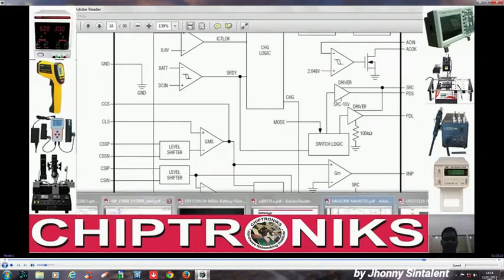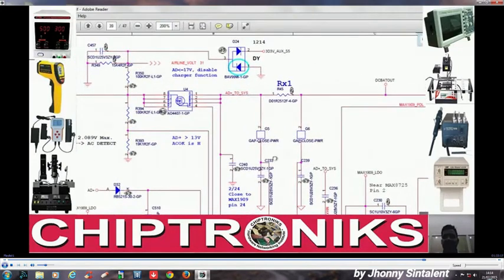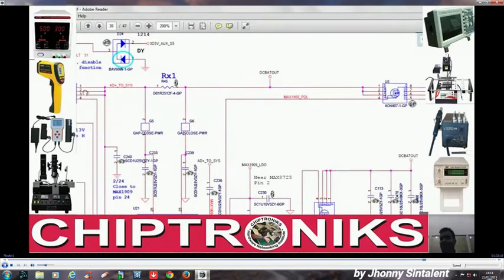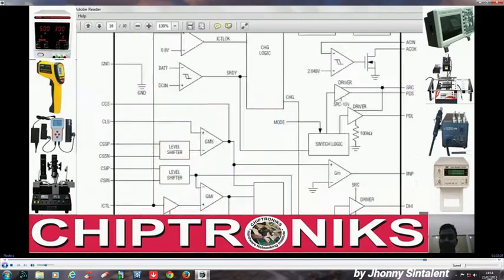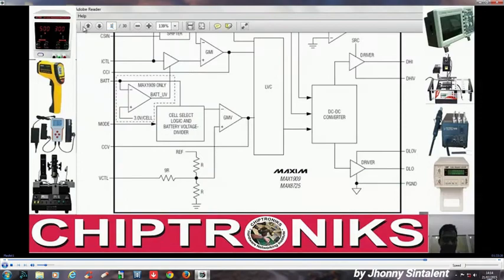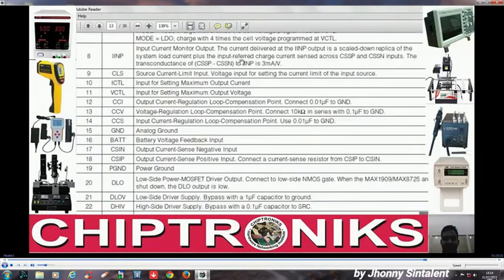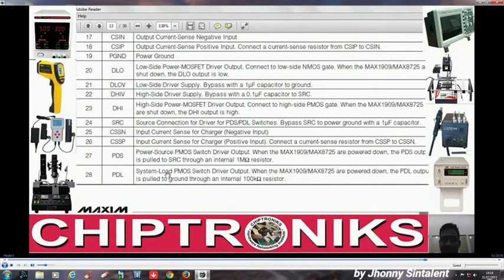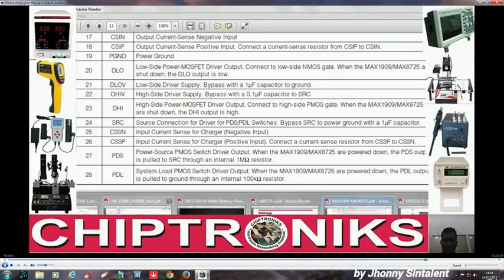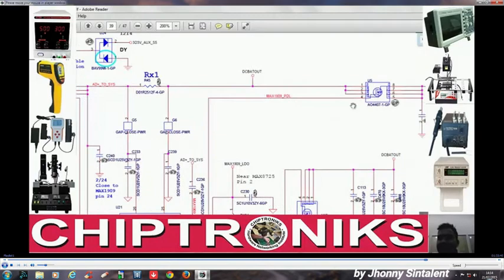So if adapter is not present, you can see in the schematic once again what is written. The PDL output is pulled to ground. Okay, pulled to ground. So we'll see what happens if it's pulled to ground. This is also a P channel MOSFET.